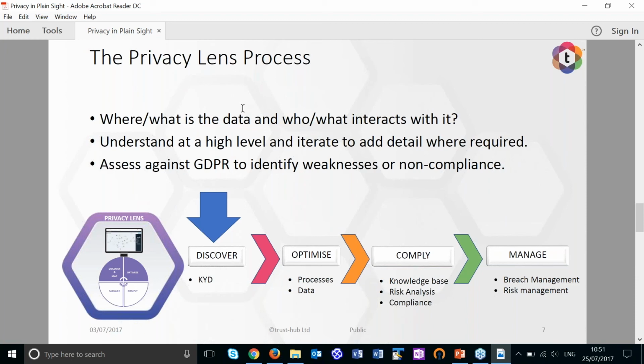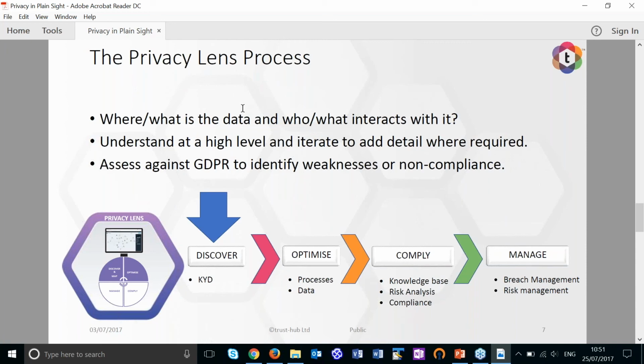There is then a set of follow-on steps, so there's an optimization phase, and this is where that assessment of whether what I'm doing today as a process is actually the right thing to be doing. I need to look at it, and there's potentially a business transformation phase to do that process optimization or data optimization. Before I then move into a compliance stage and look to see what I need to do in order to achieve regulatory compliance under GDPR or any other data privacy.